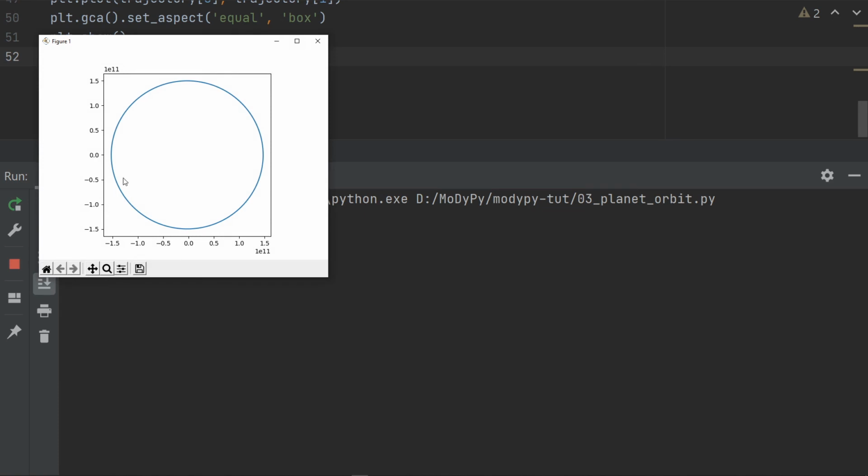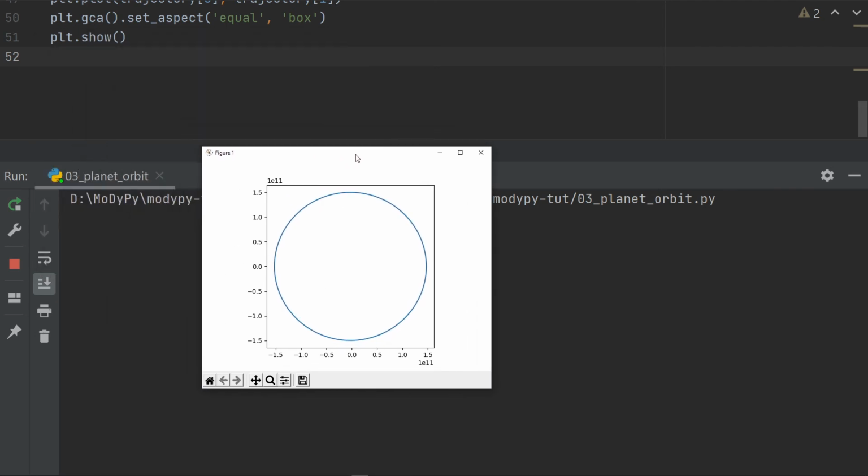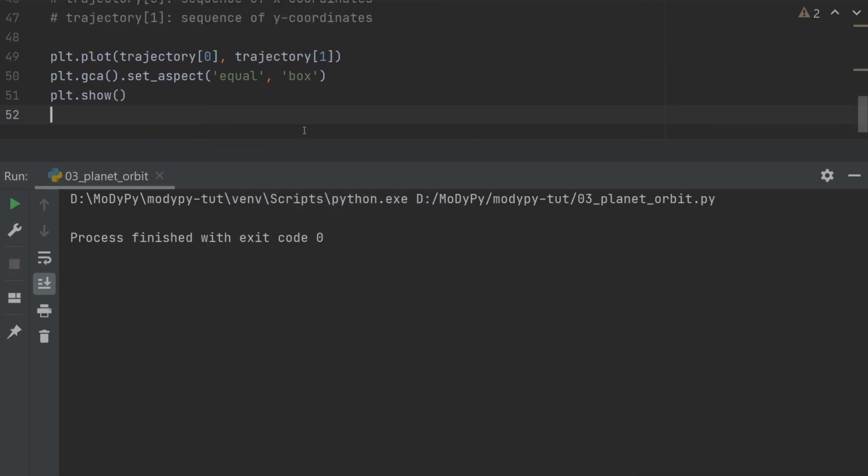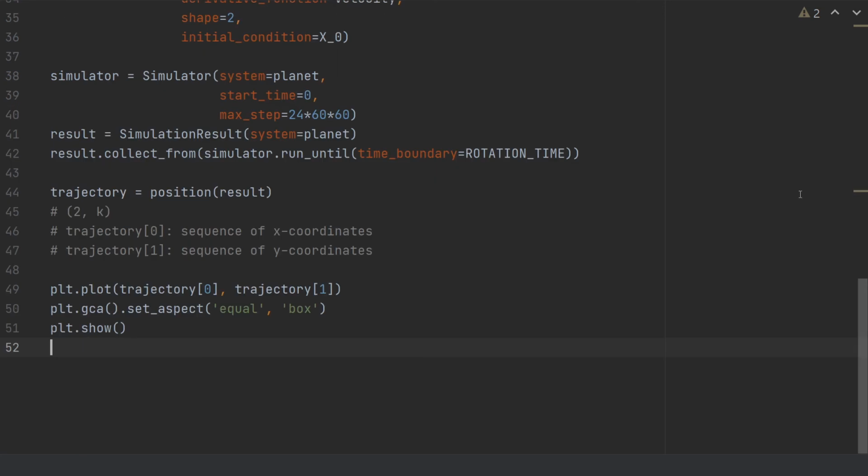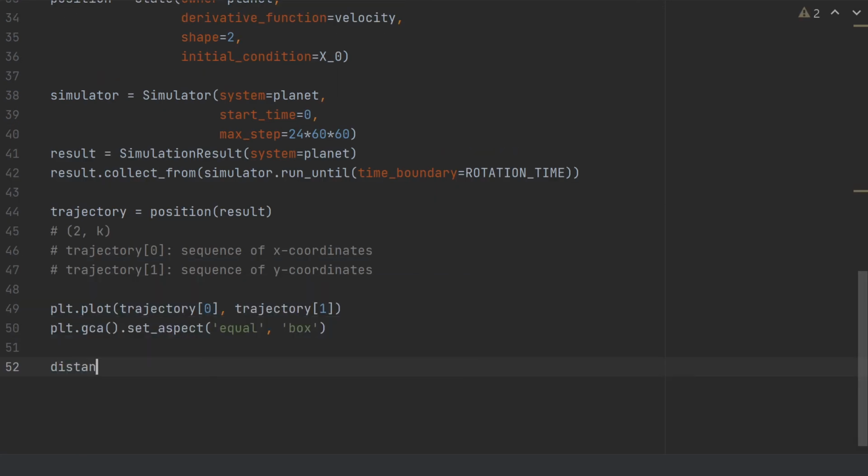What we see here is a circle, pretty much. And although the Earth runs in an ellipse around the Sun, that ellipse has such a low eccentricity that we won't see it with the naked eye in such a representation. What we can do, however, is plot the distance over time. So we calculate the distance using the norm again, and again using the axis equals 0 argument here. And we plot that over time.